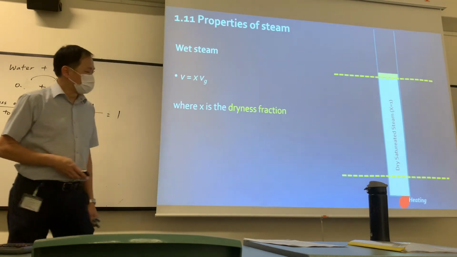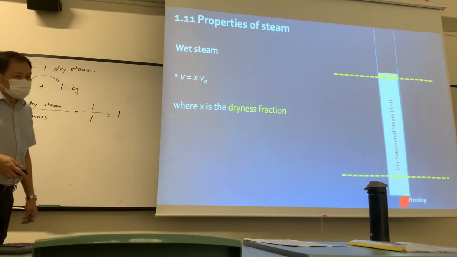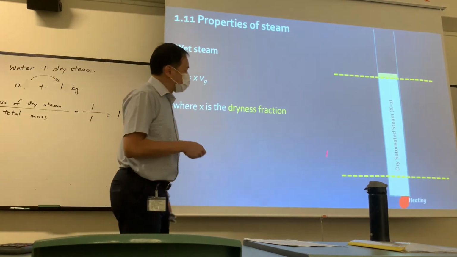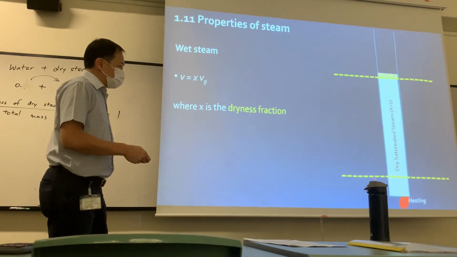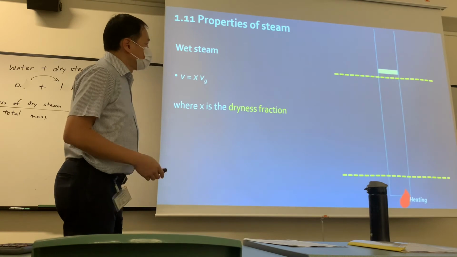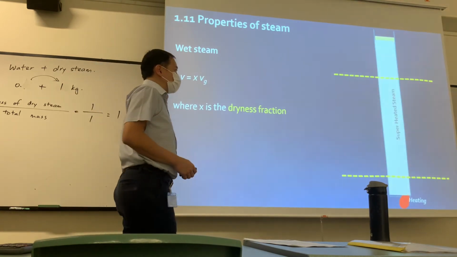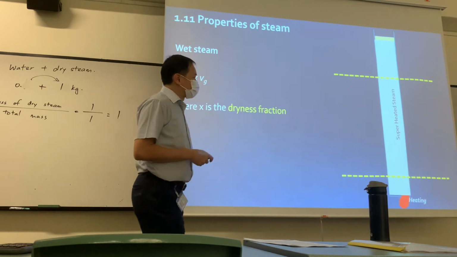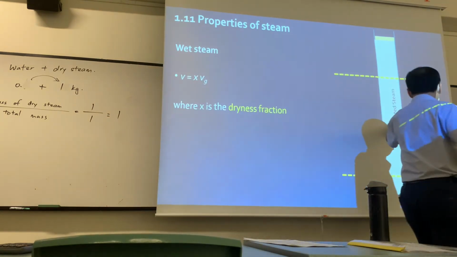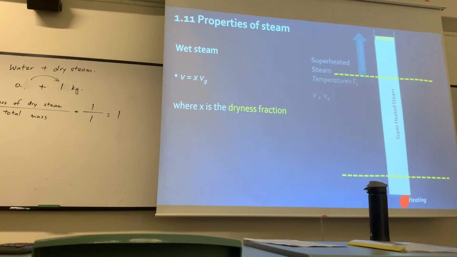It only starts changing after the steam is totally dry. If you still keep on heating, the steam becomes superheated steam. When you call it superheated steam, it means the temperature is more than the boiling point.